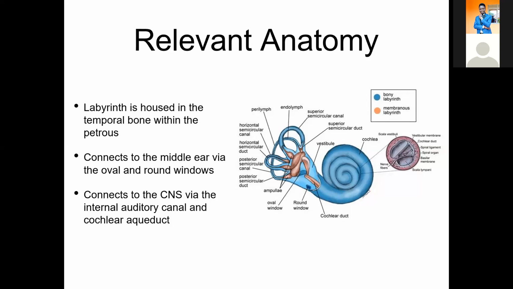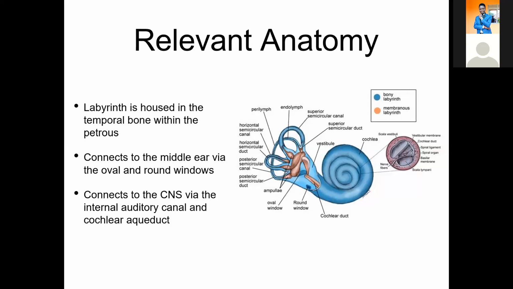We saw that the internal auditory canal is where cranial nerves 8 and 7 exit the temporal bone to go to the brain. It connects by the internal auditory canal, which you remember, and the cochlear aqueduct.